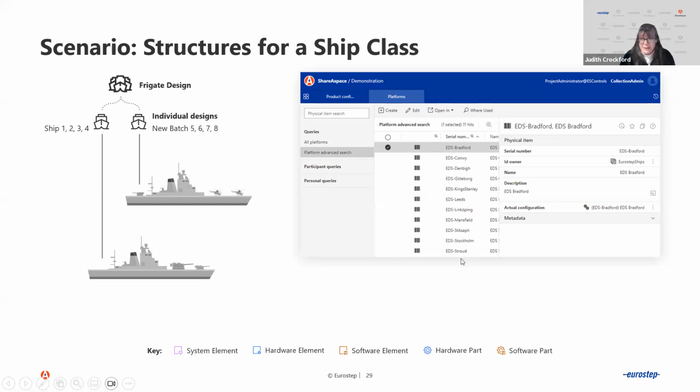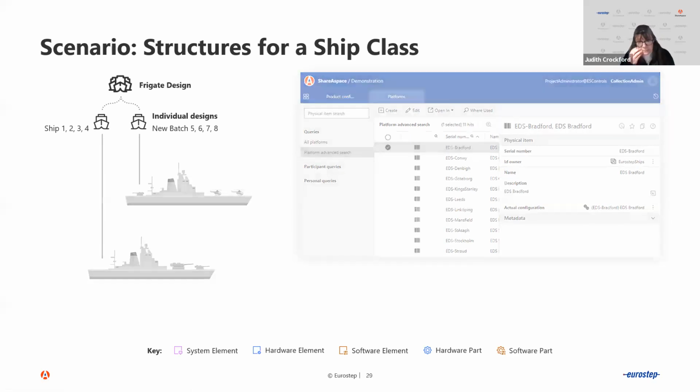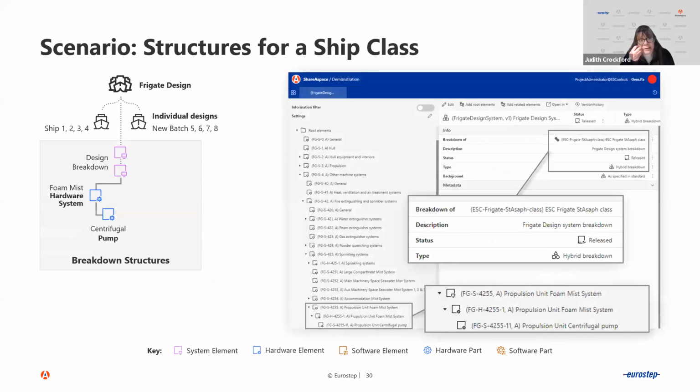This is all completely made up data, so there is nothing confidential in here. We've got a whole bunch of ships, and then we have a design breakdown of the class of those ships. So it's the frigate design breakdown. You can see here, it's a breakdown of the frigate class of ships.